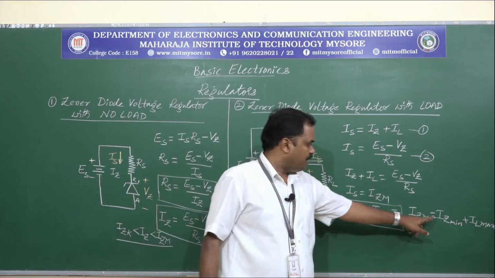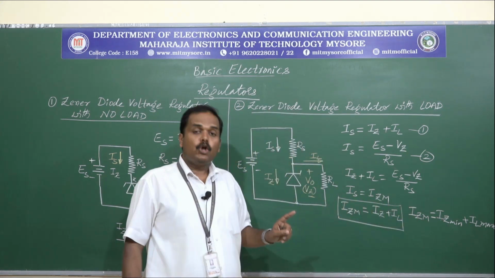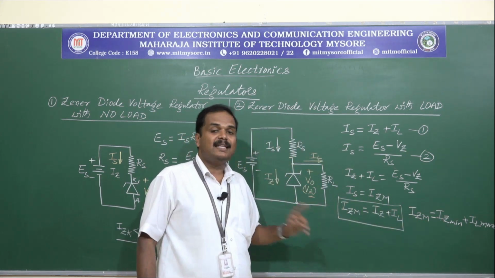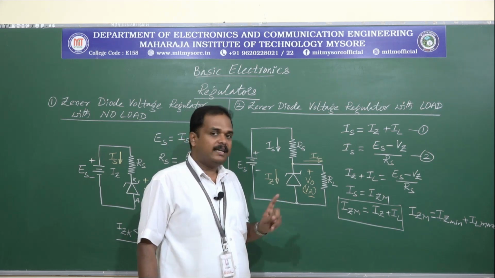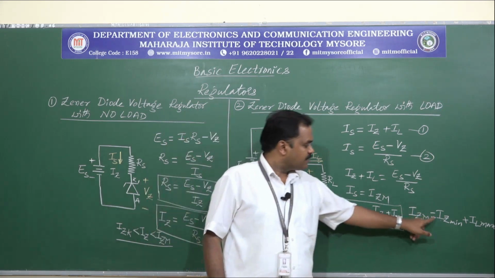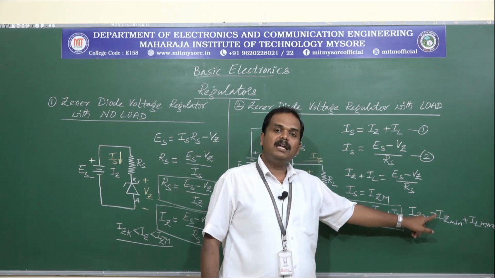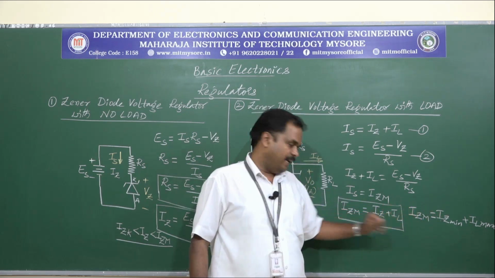So in this condition, this Iz min should not be less than Izk. So that is the design point we have. This Iz min should not be less than Izk.